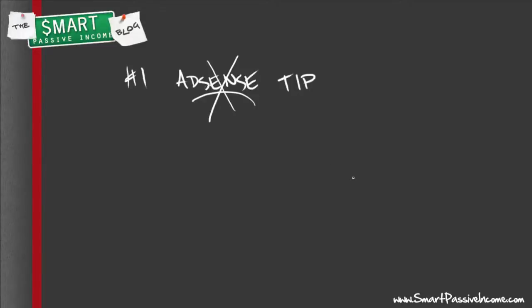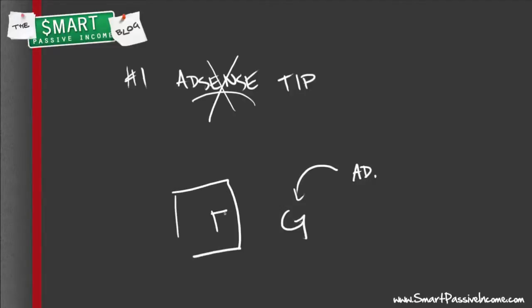So the way AdSense works is advertisers will pay Google, and Google will put an ad on your website, right? This is your website here, they'll put an ad here.